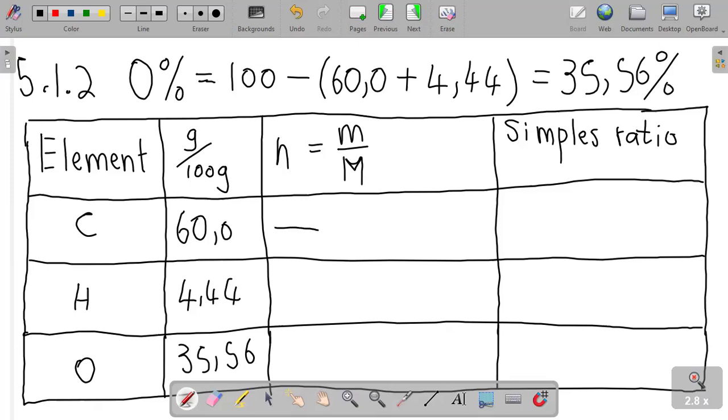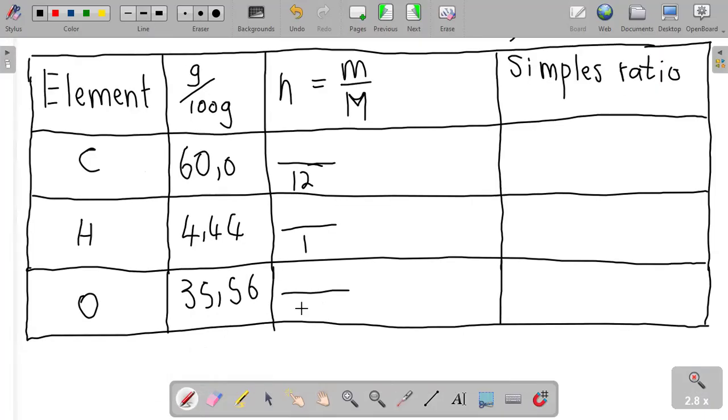So then to get the number of moles, we're going to divide by the molar mass. So for C is 12, for H is 1, here we have 16. So all the numbers from here, they go on top.